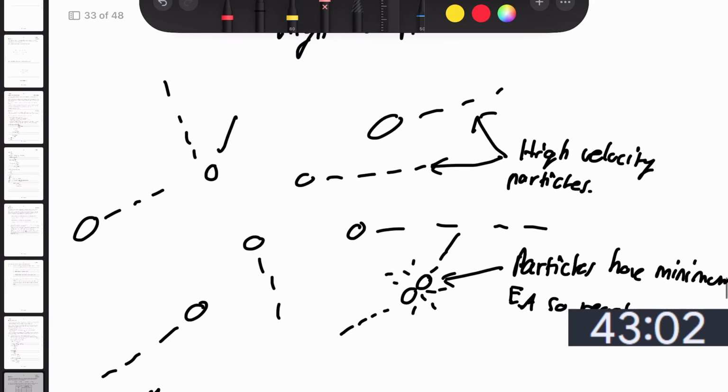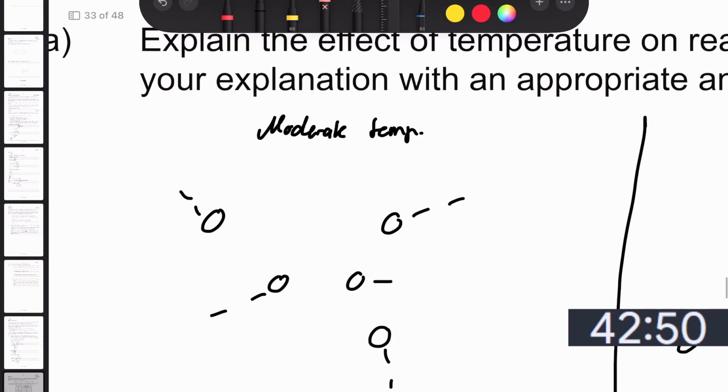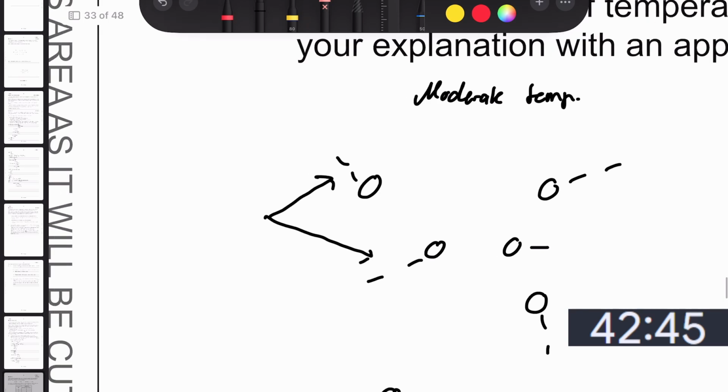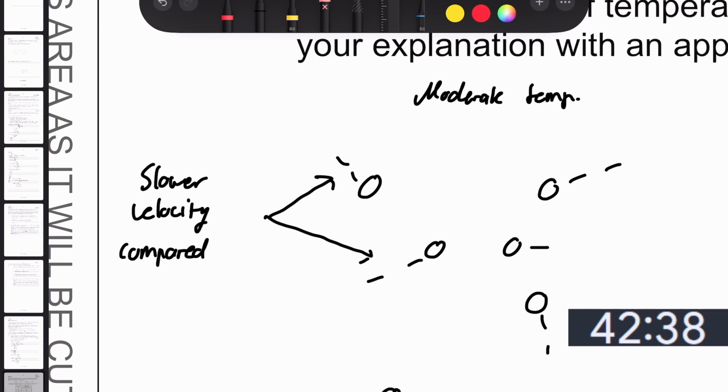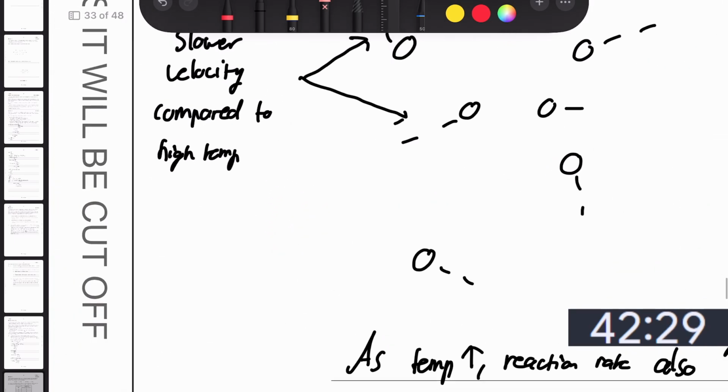Okay, and then so these are particles with slow speed and velocity compared to high temp. How am I going to draw two particles not reacting?